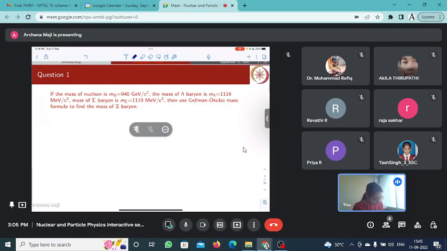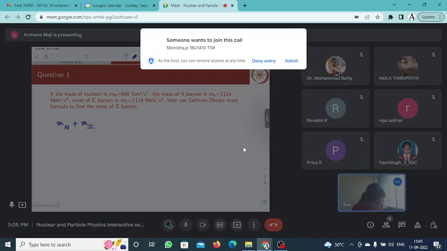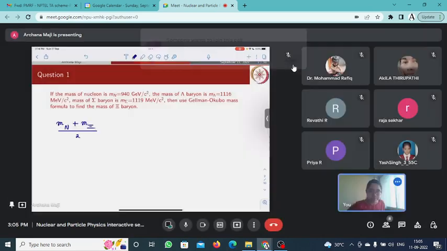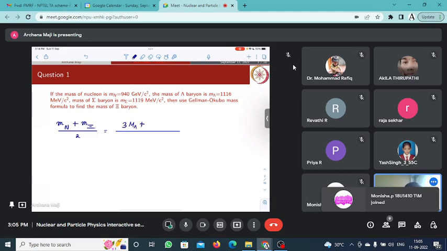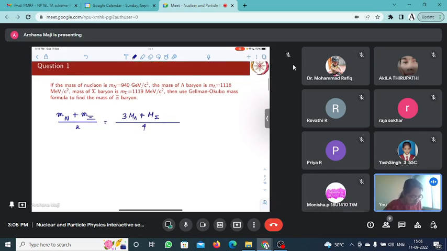The formula is the following: three m lambda plus m sigma divided by 4. You just have to substitute all the given values and obtain m of cascade.